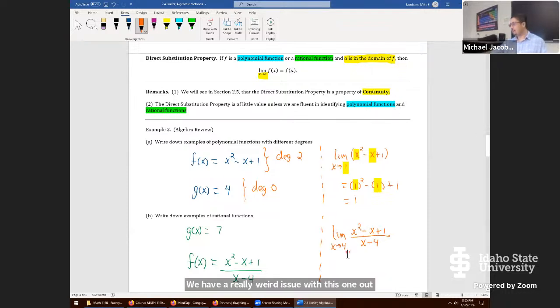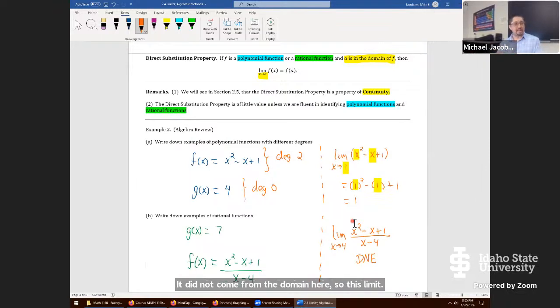That 4 is an excluded value from the domain of this function. You cannot take f of 4, you would have divided by 0. We do know a limit shouldn't depend on one single point, but we're working this through a technical theorem, and that theorem was proved with the requirement that your a value came from the domain. It did not come from the domain here, so this limit does not exist.